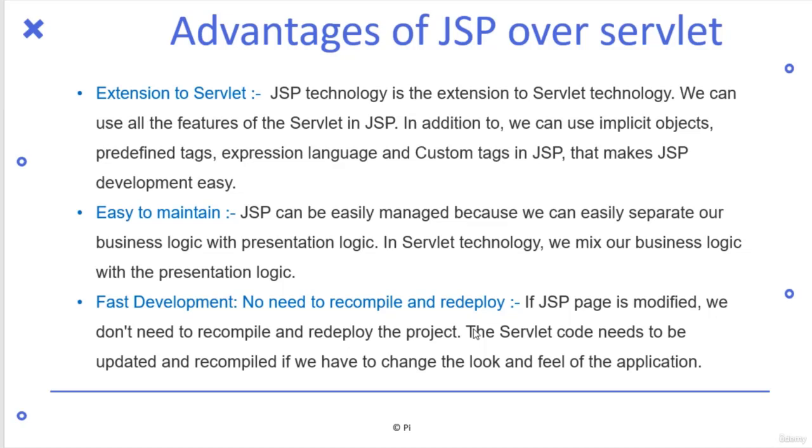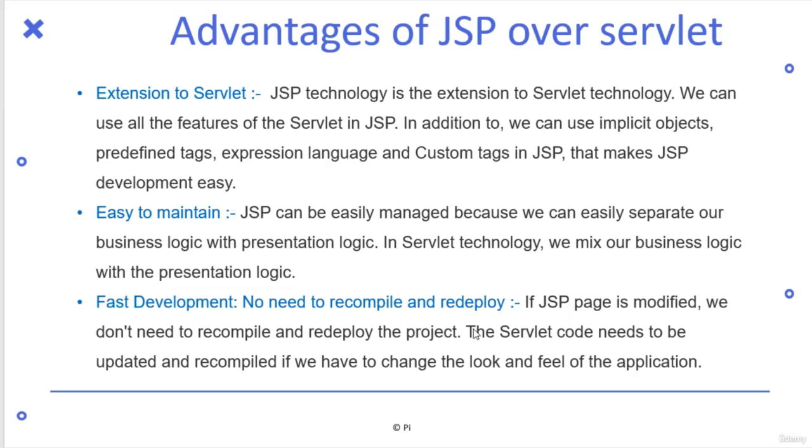But in a servlet, what happens? A servlet mixes the business logic and the presentation logic. JSP also gives fast development, with no need to recompile and redeploy. If a JSP page is modified, we don't need to redeploy or compile the whole project. But servlet code needs to be updated and recompiled again and again.